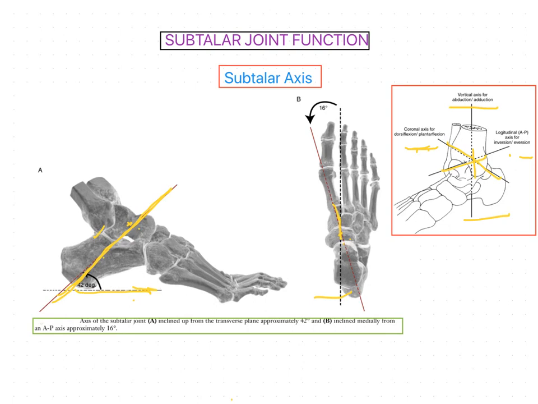So here you can see the 16 degrees. This black dotted line is the AP axis, which makes 16 degrees of angle with the axis when we see it in the sagittal plane.